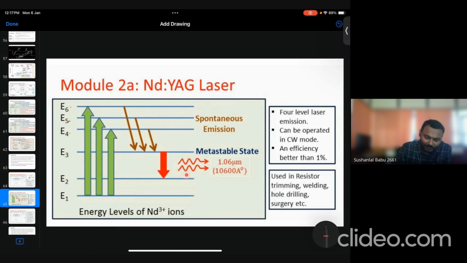E3 is the metastable state. From the metastable state, it falls down to E2 by generating twin photons, and that lasing action happens. These are the energy levels of Nd3+ ions, which are the active center.